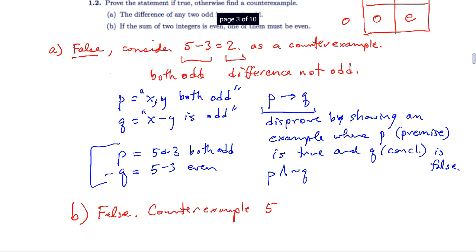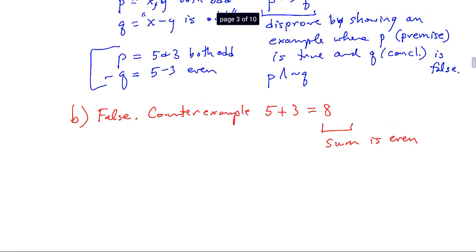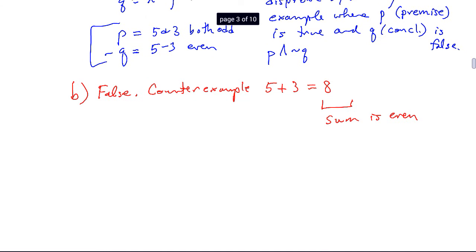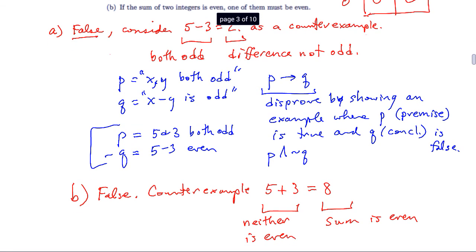We're going to use 5 and 3 again. 5 plus 3 is 8, and the sum is even, but one of them must be even is false, because neither is even.